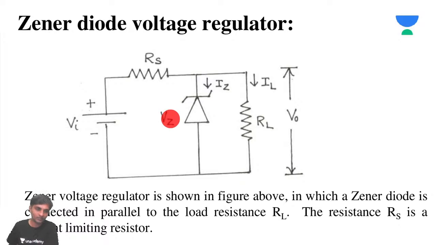Let us say V input is greater than or equal to VZ. Then what happens, sir? The Zener will be on.